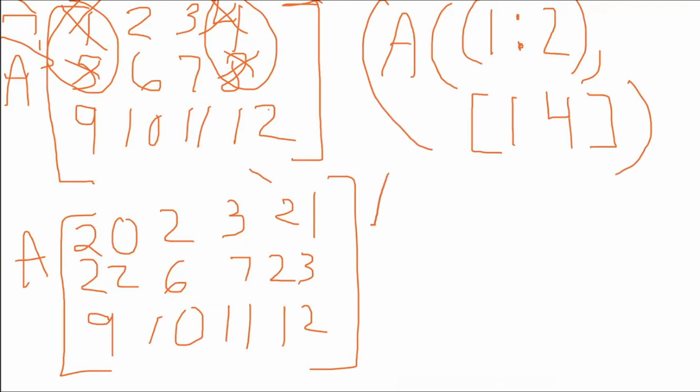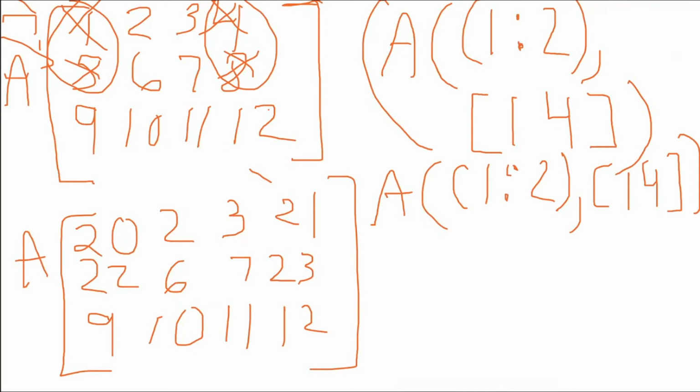So we do something like A of 1 colon 2, 1 comma 4, replace this is equal to 20, 21, semicolon, running out of space here, semicolon, 22, and 23, which overwrote our values on our matrix.